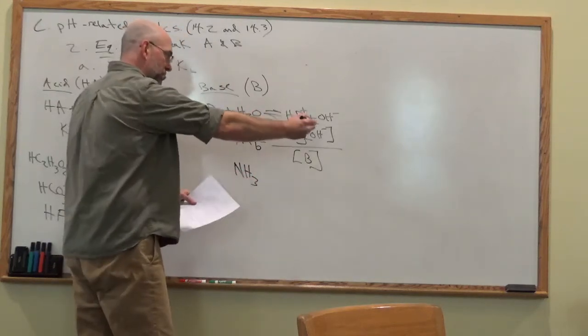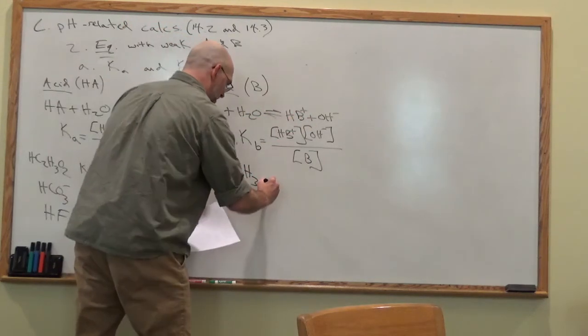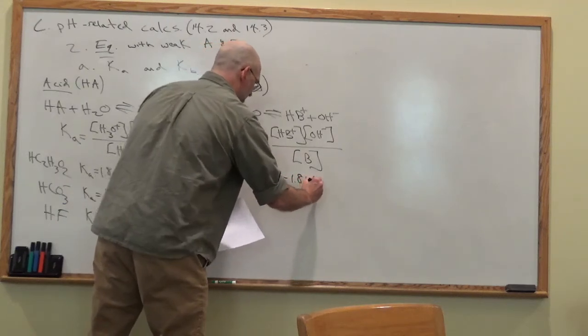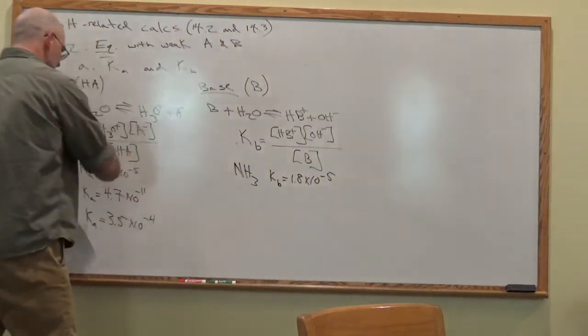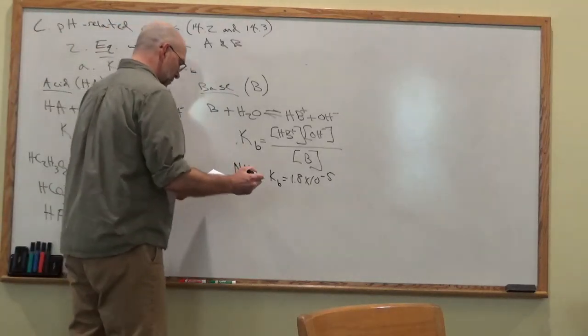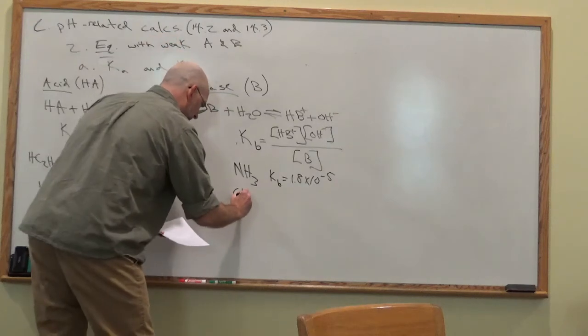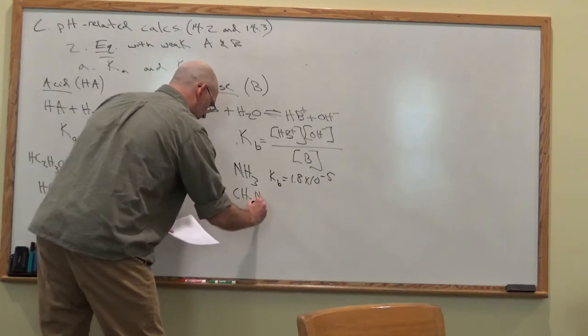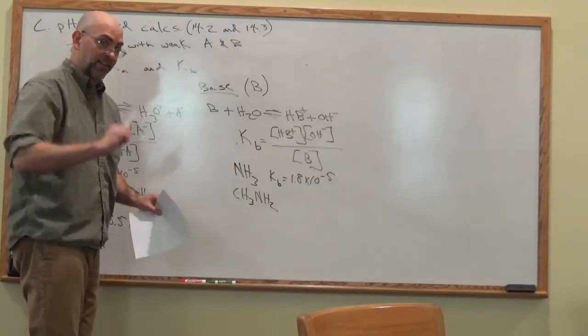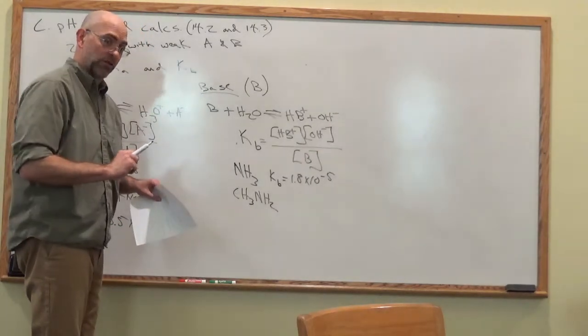ammonia, which we could just plug into that formula there, Kb is 1.8 times 10 to the minus 5. Interestingly enough, it's the same numerical value. Coincidence. One we're going to use later is called methylamine. Fans of Breaking Bad will know what that molecule refers to.